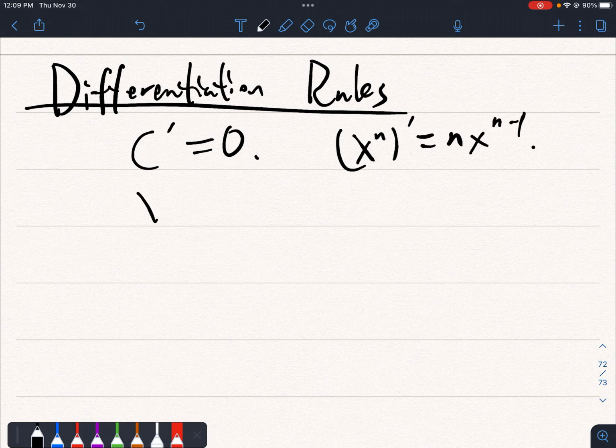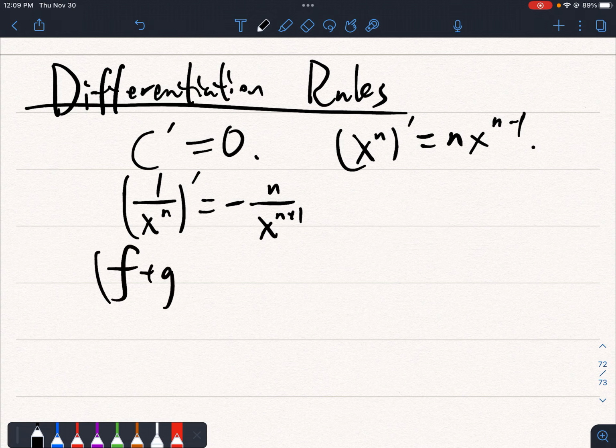And then we have discussed that the derivative of x to the power of n is n times x to the n minus 1. And also we know that similarly x to the power of minus n, or 1 over x to the power of n, if you take the derivative, it is minus n over x to the power of n plus 1. Okay?